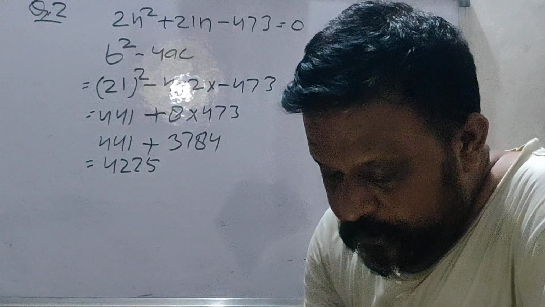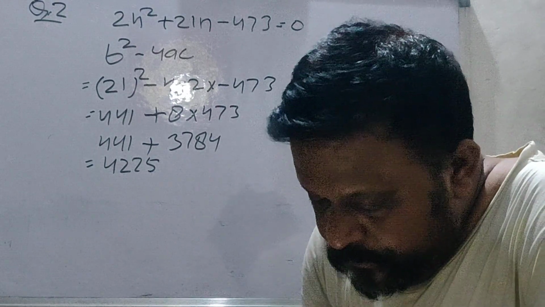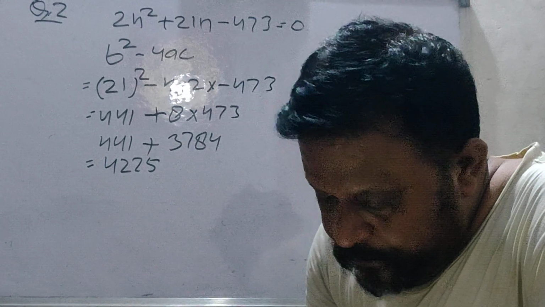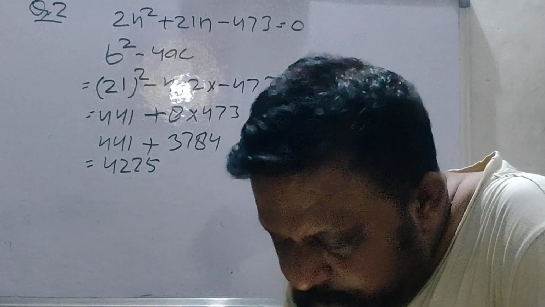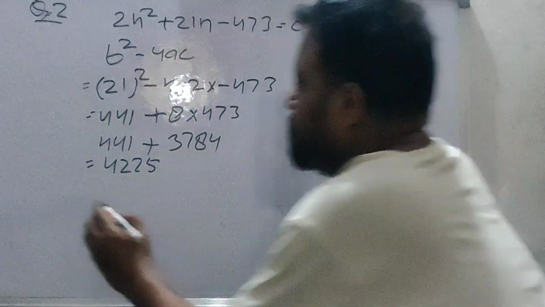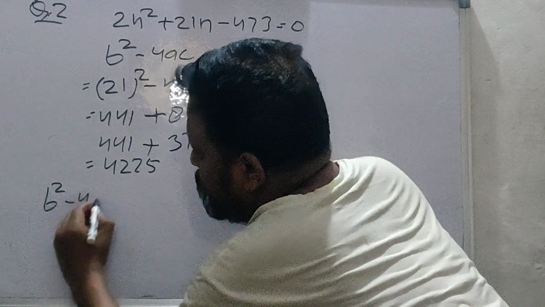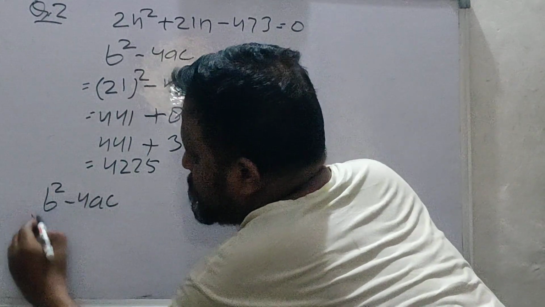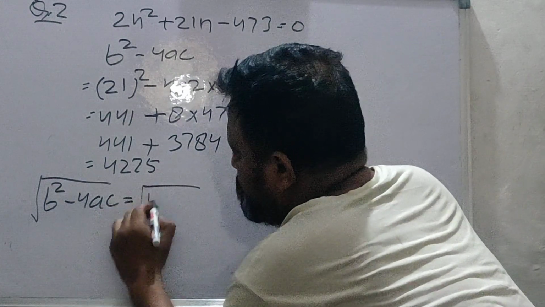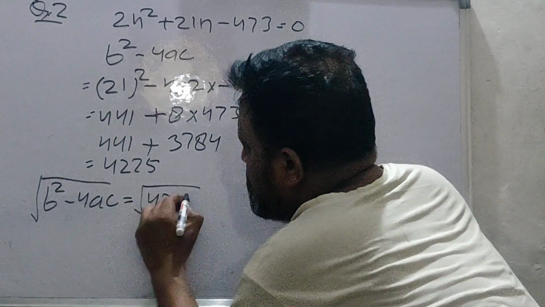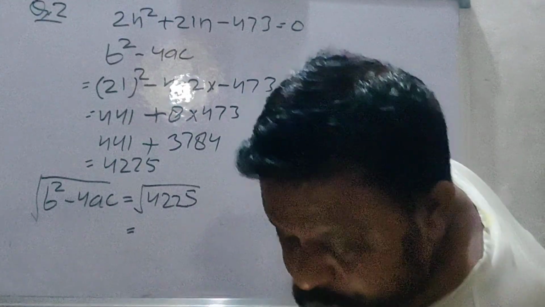Now if we take the square root of it, the square root of 4225 becomes 65, right?